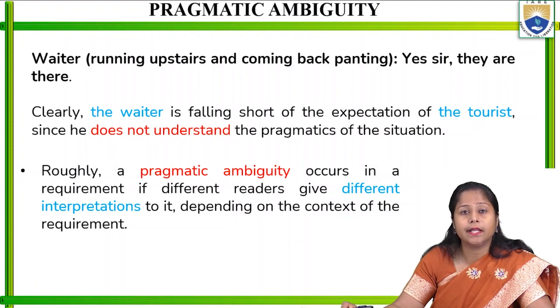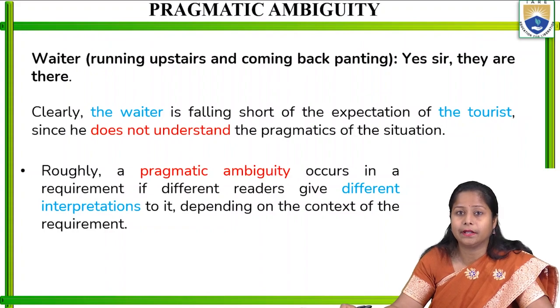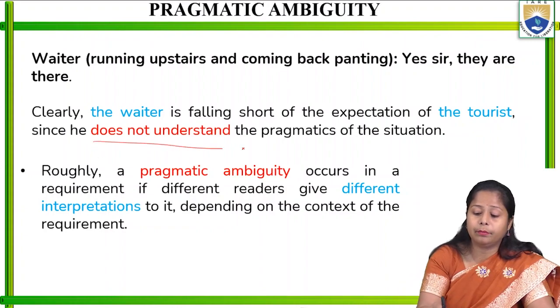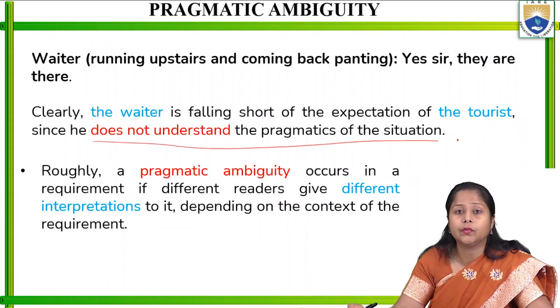In the next sentence, the waiter runs upstairs and comes back panting and says to the customer, "Yes sir, they are there." Here we can see clearly the waiter is falling short of the tourist's expectation, since he does not understand the pragmatics of the situation.